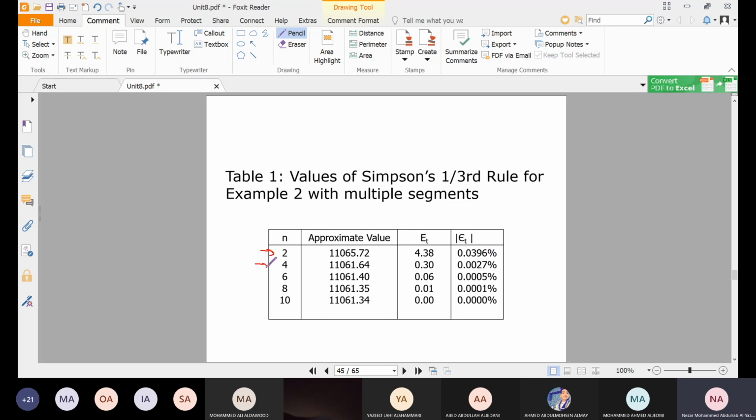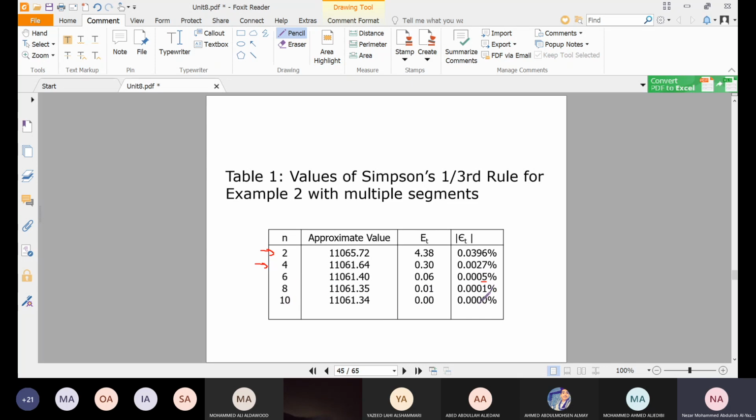This is Simpson's rule with 4 segments, where the error is 0.3. When we use 6 segments, you can see the error is reduced to 5 multiplied by 10 to the minus 4. Here we have 8 segments, and you can see it is 10 to the minus 4.